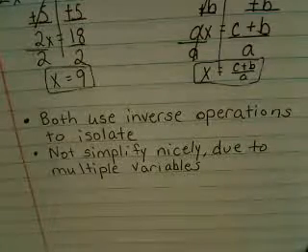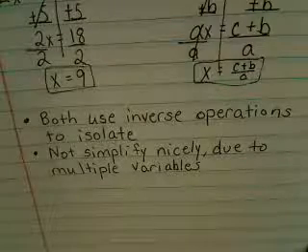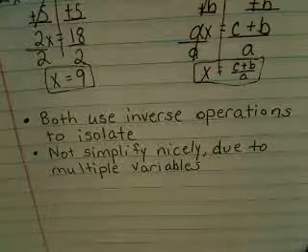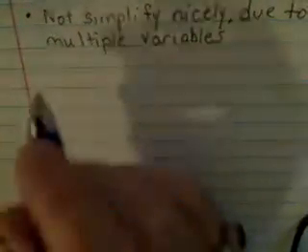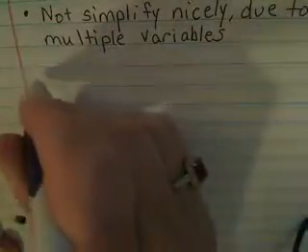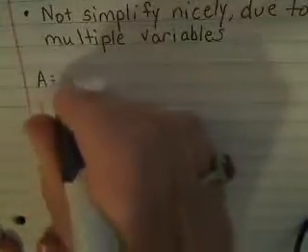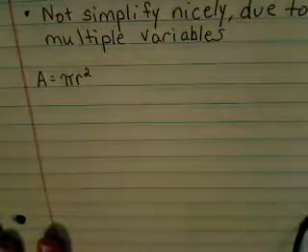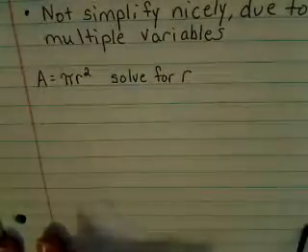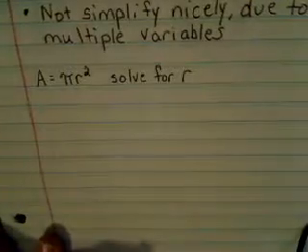Okay, I want you to look at this one example. So if you'll put your pencil down now, I just want you to watch, okay? You're not going to do anything here. Okay, here we go. This is a formula, area equals pi r squared. Well, let's say that I want to solve for r. That means I want to get r by itself.